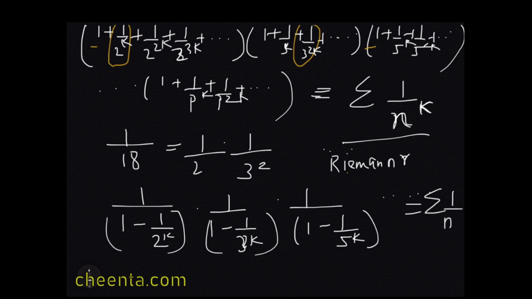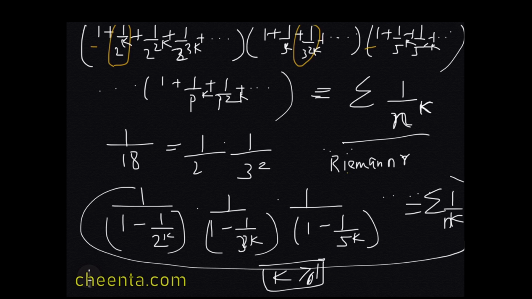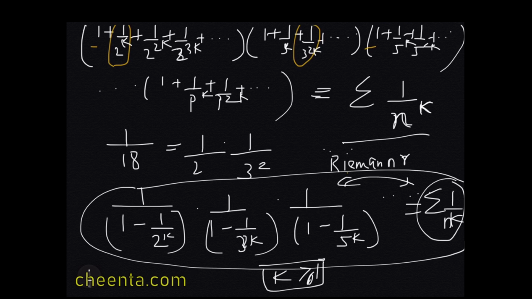This is basically the sum of 1 by n power k. This converges for all values strictly greater than 1. This is the Riemann zeta function, to be precise, and this gives us a good connection between primes, the infinite product over primes, and the Riemann zeta function.